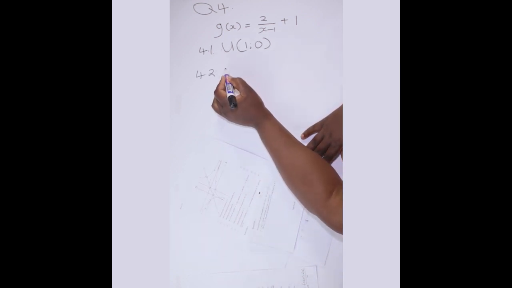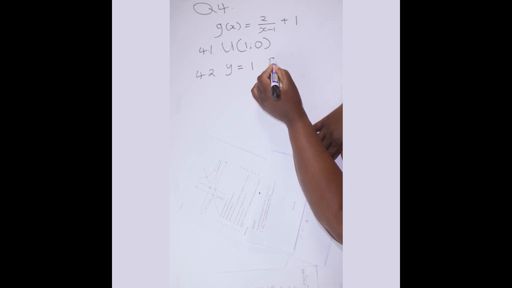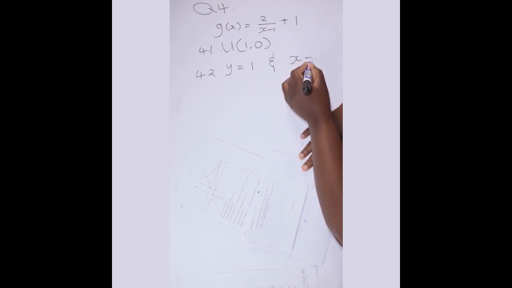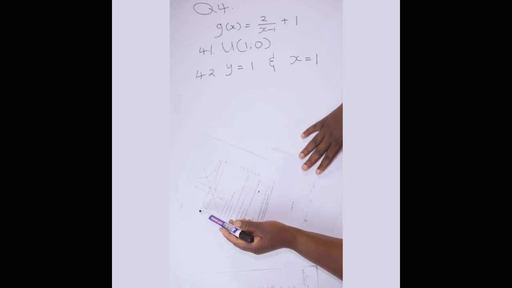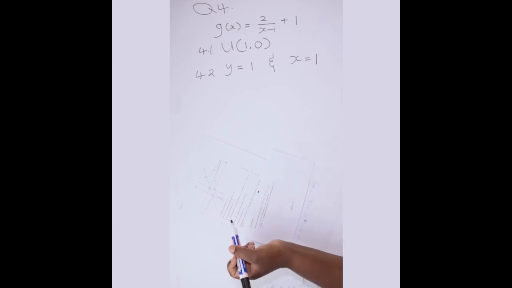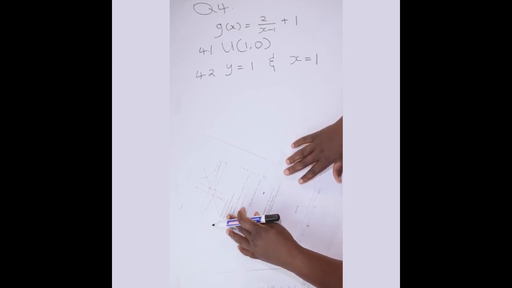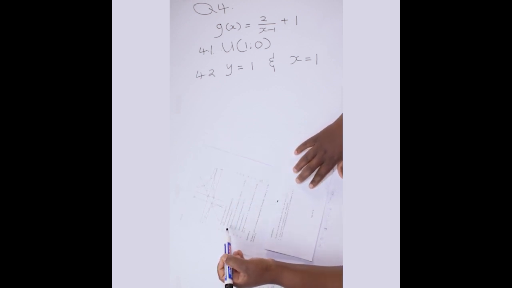In equation form, your asymptotes will be y equals 1, and the other one is x equals 1. The y equals 1 is your horizontal asymptote, and the x equals 1 is your vertical asymptote. And you have collected another 2 marks, so it is straightforward and pretty clear to get.